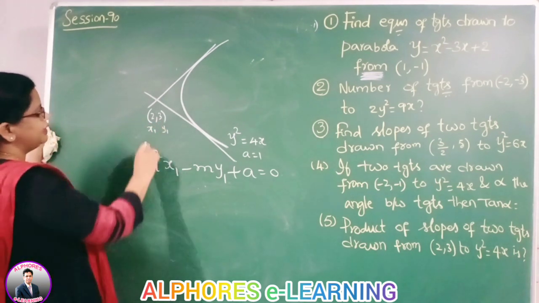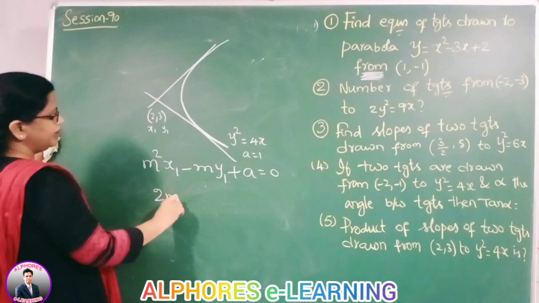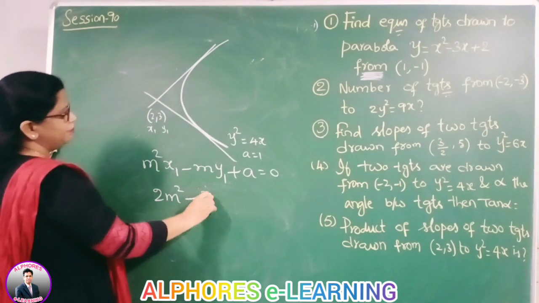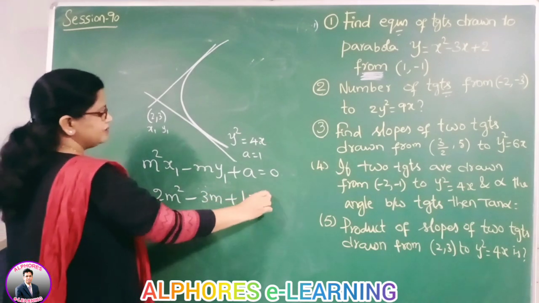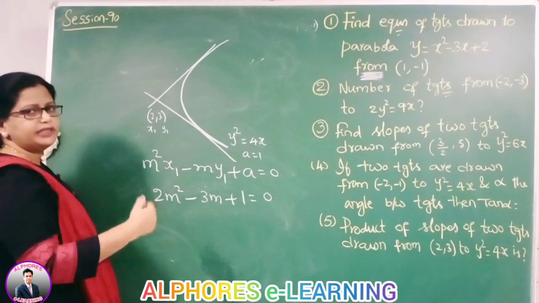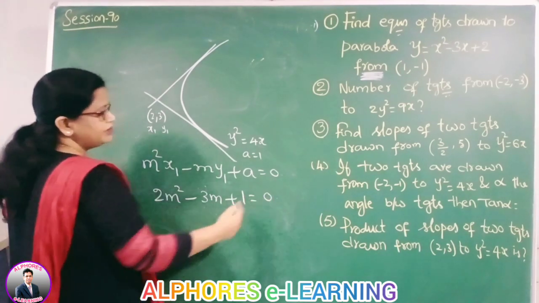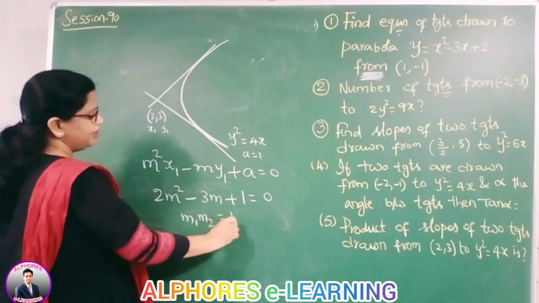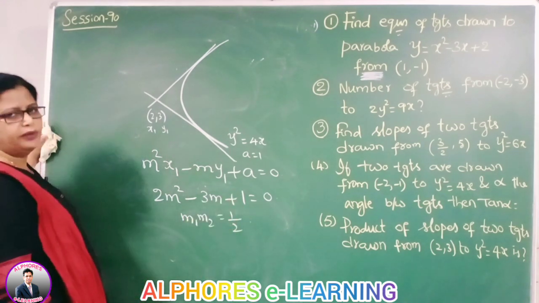So m square x1 is 2m square, minus m y1 is 3m, plus a, that is 1, equal to 0. No need of solving everything. The question is the product of slopes, so m1 m2 is c by a, that is 1 by 2.